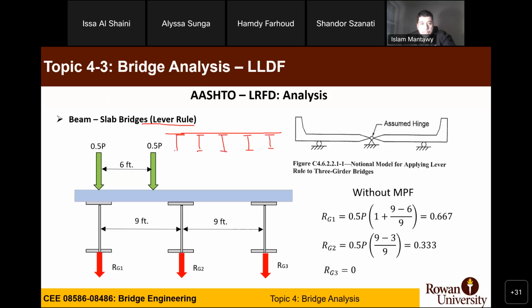This method says that you have to assume a hinge in every intermediate girder. So that will act like a series of simply supported beams.